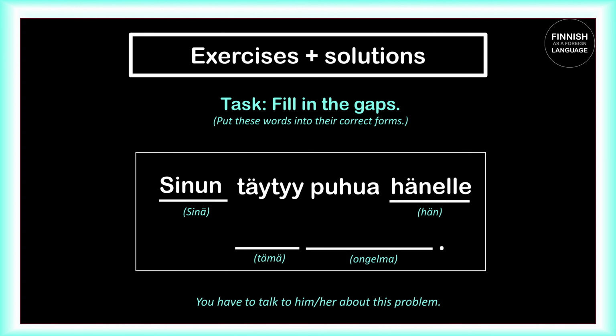So that means now we need the elative case, which is why we say tästä ongelmasta. So the whole sentence is sinun täytyy puhua hänelle tästä ongelmasta. You have to talk to him about this problem. So the grammar points in this exercise are necessity sentence structure, allative case and elative case.